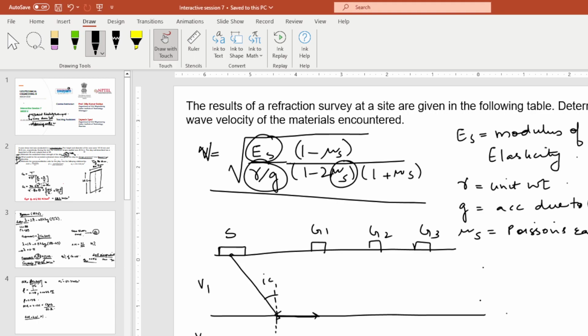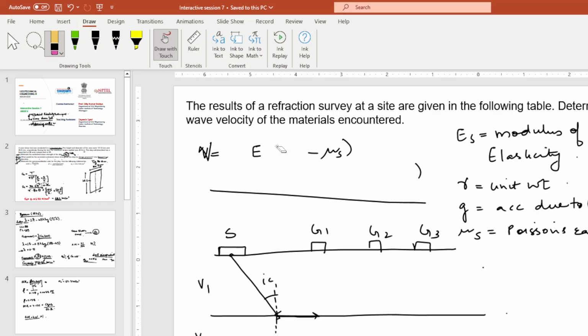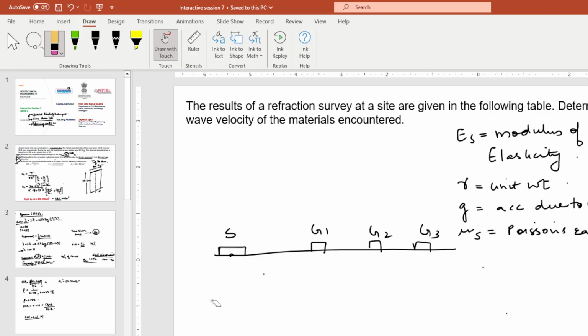Okay. So as I was saying, have you studied this in the class? How to calculate these velocities? Not this, but the graphical method of calculation of the velocity and the depth based on this seismic refraction technique. Have you done that in class? So what will happen is that these waves will get refracted.